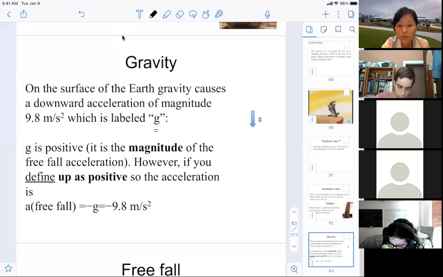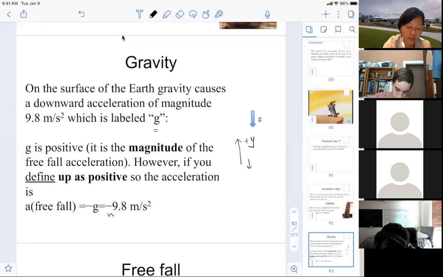If you go to different places on Earth, the equator versus the North Pole, you get slightly different values of little g, but on average we say it's 9.8 meters per second squared, and it's always pointing downward. So we can say our acceleration is negative if you define positive to be upward, since the acceleration is pointing down.